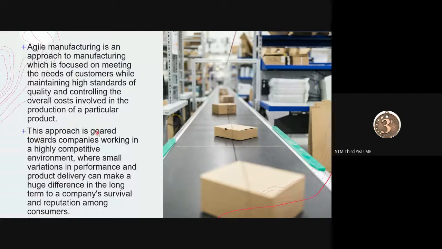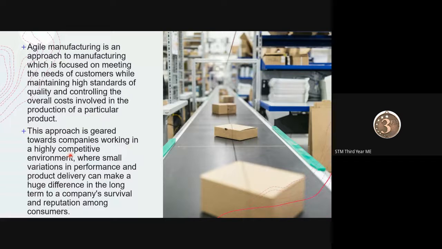This approach is geared toward companies working in a highly competitive environment. So if you are not implementing the technology first, the other company or your competitor will implement it and they will snatch away the demand that you already have. That is the problem. So if you don't implement that technology as soon as possible, then we will lose the demand that we are getting.